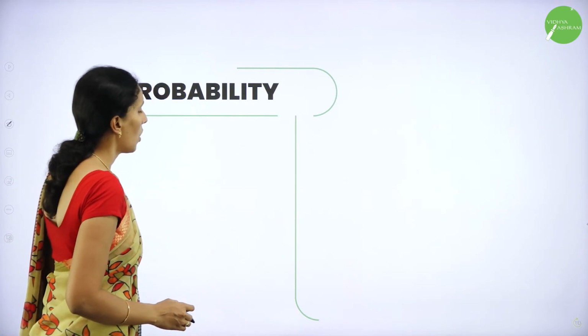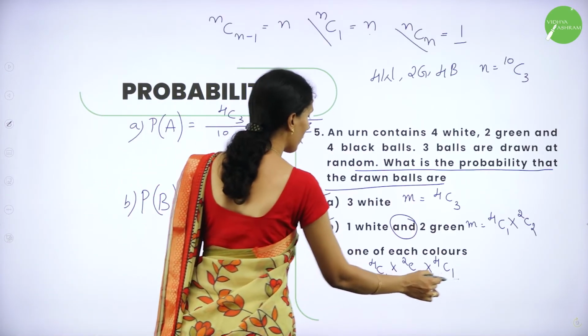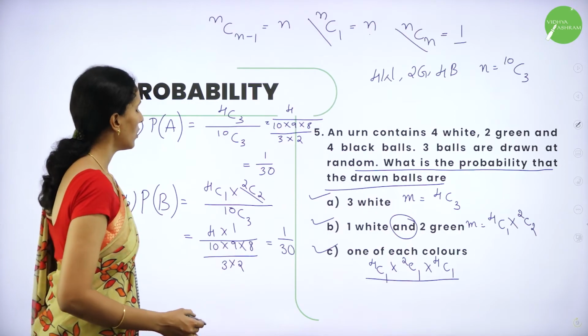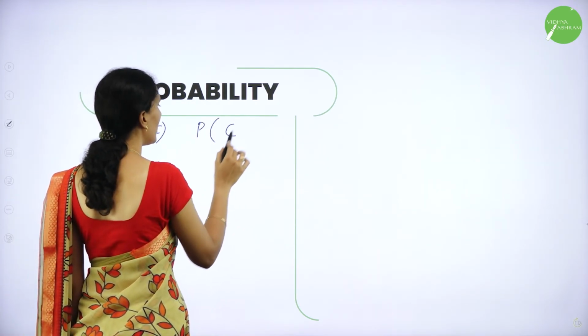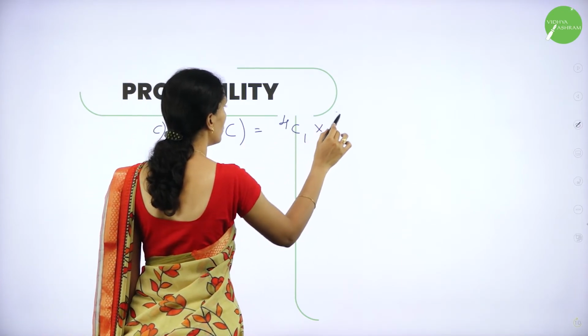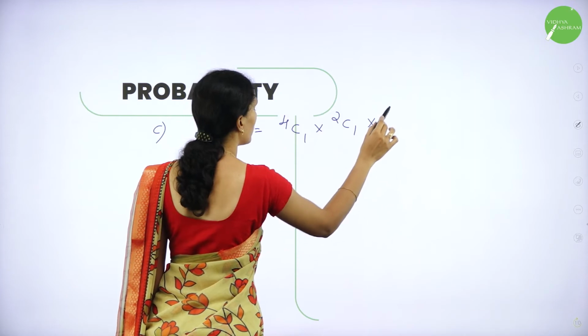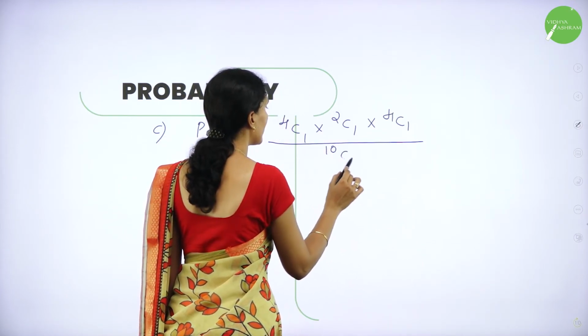Next, one of each color. One of each color means my favorable outcome is this. If I take C as an event, then the probability of C is given by 4C1 into 2C1 into 4C1 whole divided by 10C3.